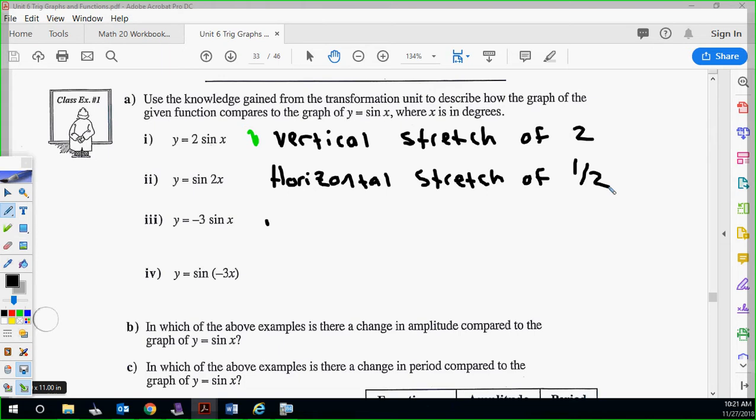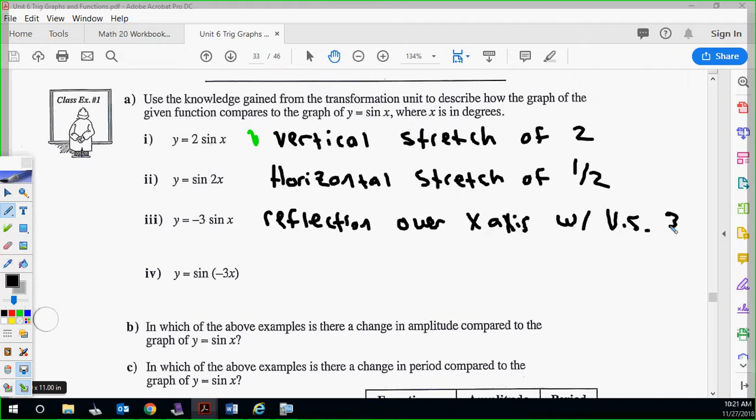Okay, what about number 3? Reflection over the x-axis, I heard, correct? X-axis with a vertical stretch of 3. And the last one here.